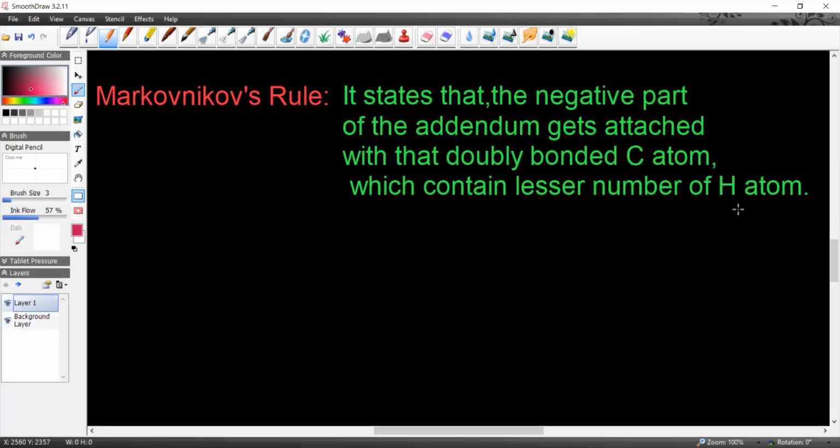So this is the statement of Markovnikov's rule. I know that we are not getting much from this statement. So to understand Markovnikov's rule, I am taking the same example as the previous one.